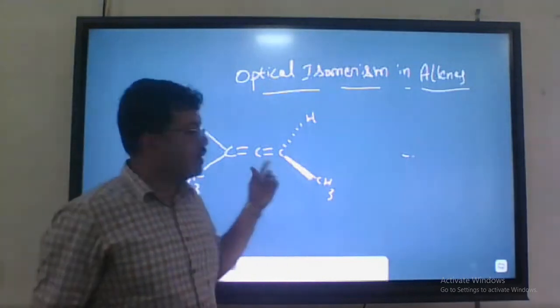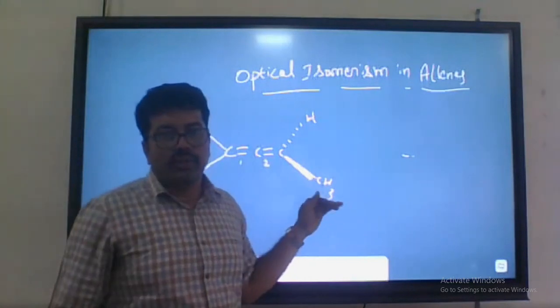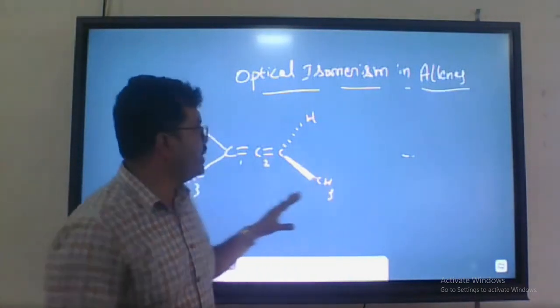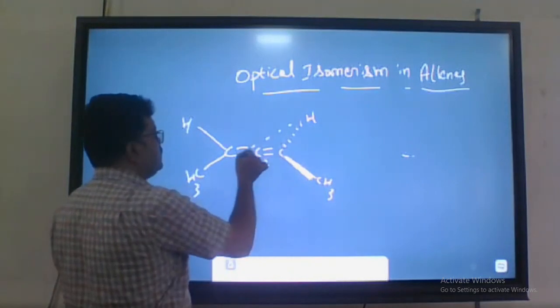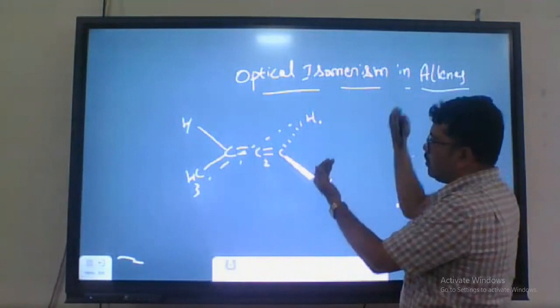So this is an even number, 1, 2. With an even number of double bonds, allenes do not have a plane of symmetry or center of symmetry. Is there a center of symmetry here? No. See, this hydrogen is below, this one above.